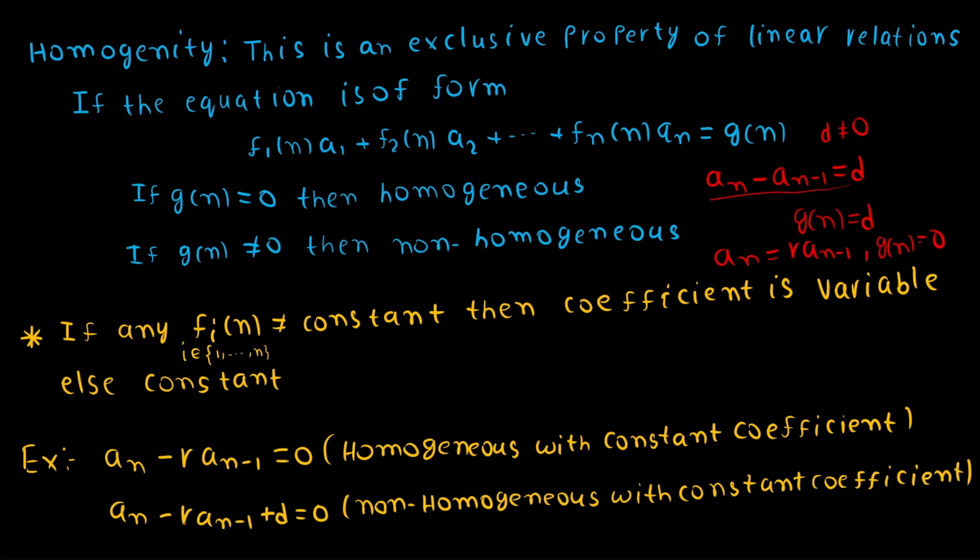And since r is a constant, and also here 1 is a constant, therefore we'll say it is a recurrence with constant coefficients. If it's not r and it's something of the form like f of n, n square or n cube or anything like that, then we would have written variable coefficient. Hope you understood.